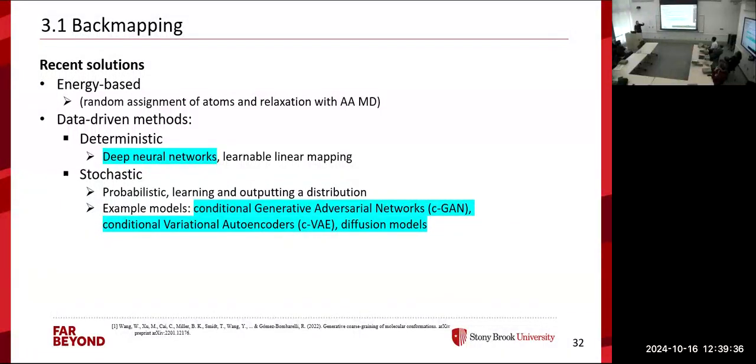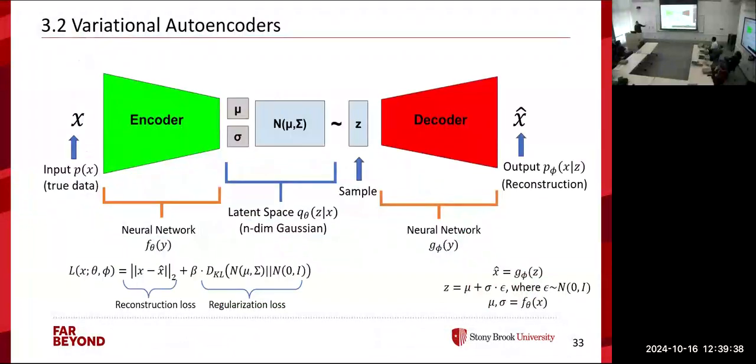And as I said, we're going to focus on large proteins for a reason. But before we do so, very quickly, I'll talk about variational autoencoders. I'll skip a lot of it because we don't have enough time to talk about everything. But the idea with a variational autoencoder is that you have input data. You try to map them to some sort of lower dimensional latent space, and then reconstruct them.